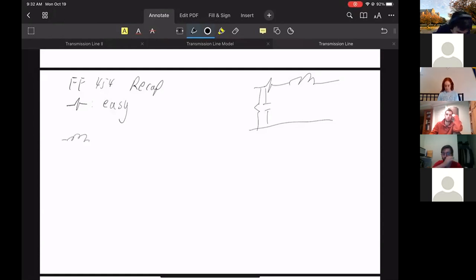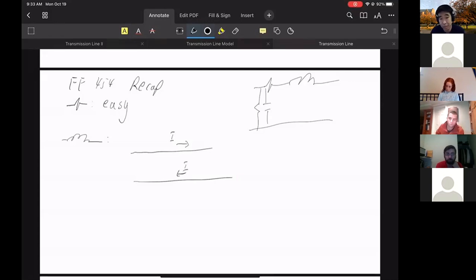Then in the past lecture, we said where the inductor comes from is a little bit less obvious. Why does the line look like an inductor to us? It's because when you have two parallel lines, one carrying current this way and one carrying the return current, a time varying, sinusoidal current makes a magnetic field around the line.